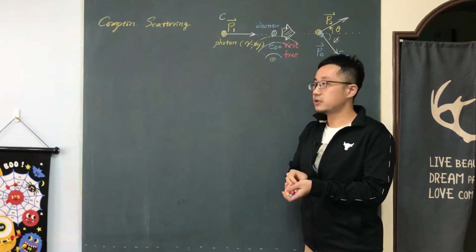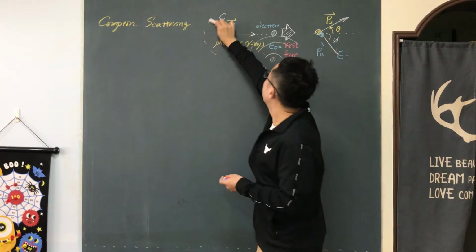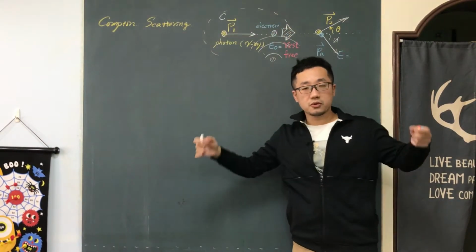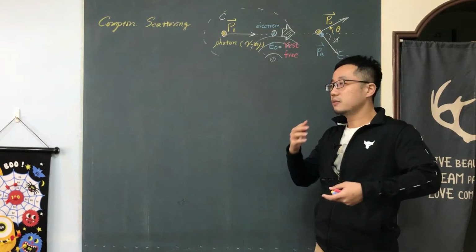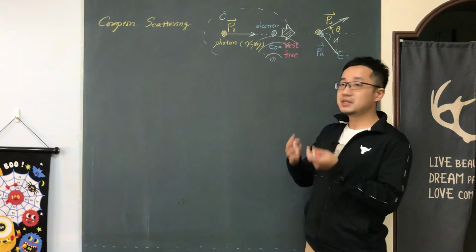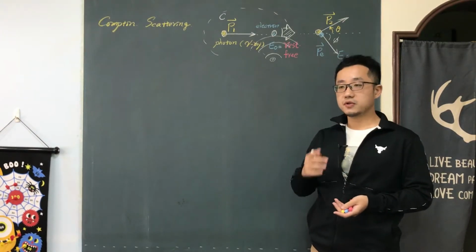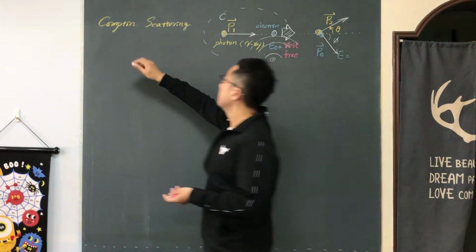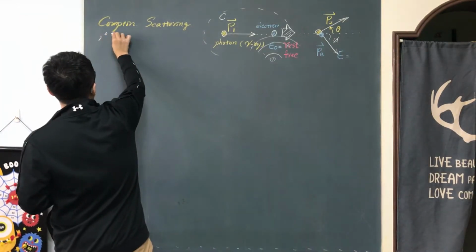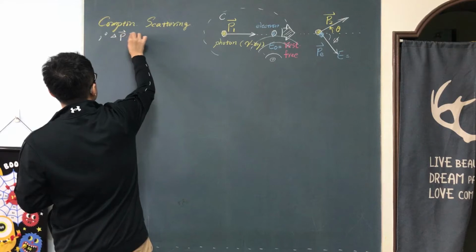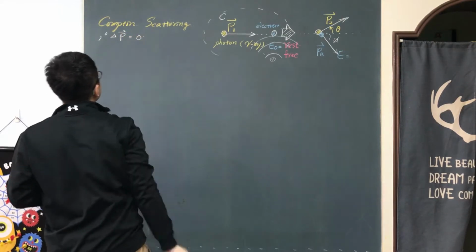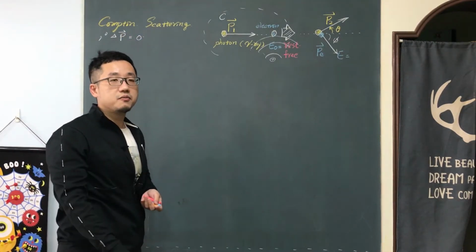Okay, so first, since there's no external force acting on the whole system, the momentum is going to be conserved. So this will be our first step. There's no external force, so it will follow the conservation of momentum.